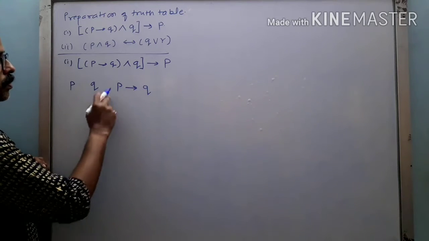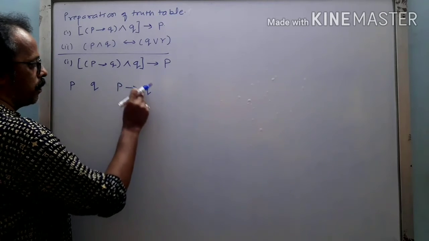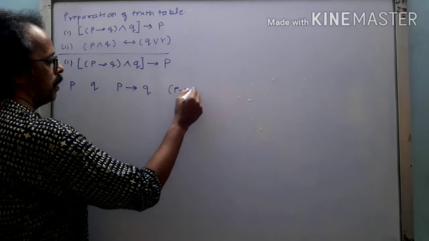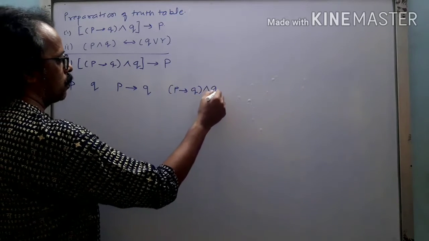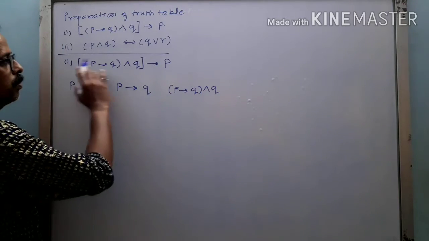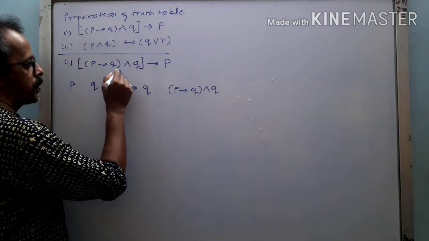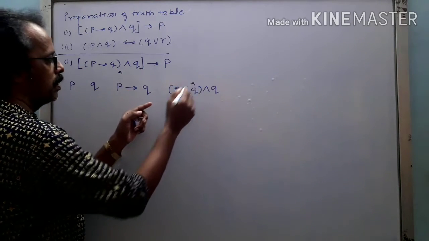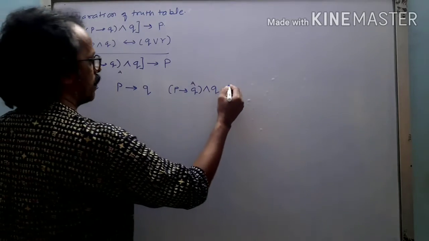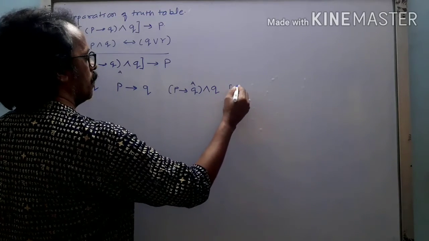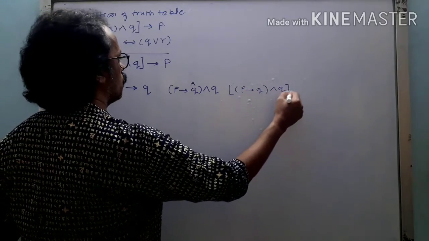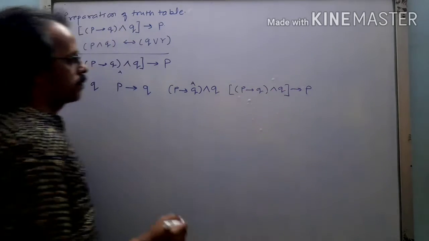P implies Q. Next, I want P implies Q and Q. And the third one is the whole statement. Suppose I call this column A, then the final one is, but today I am writing here, P implies Q and Q implies P.